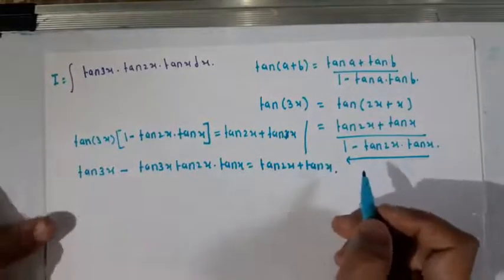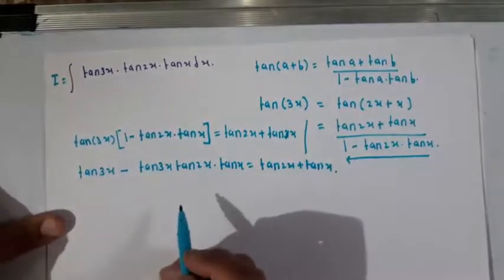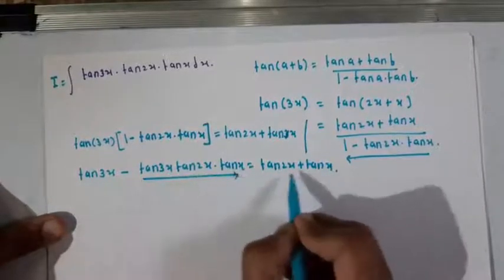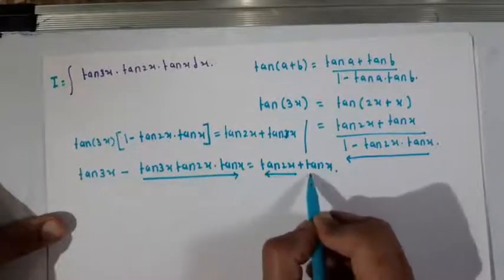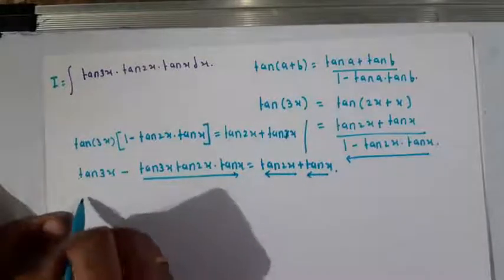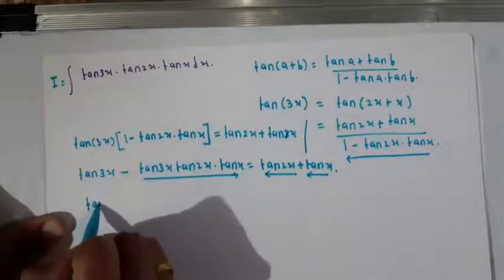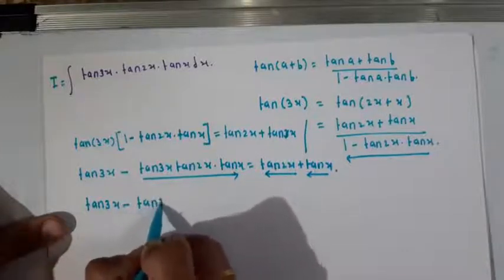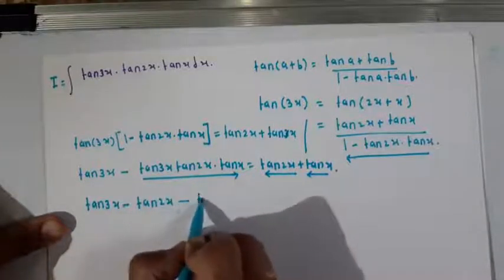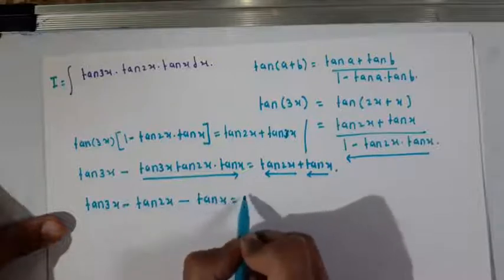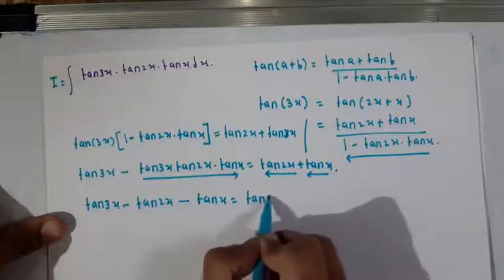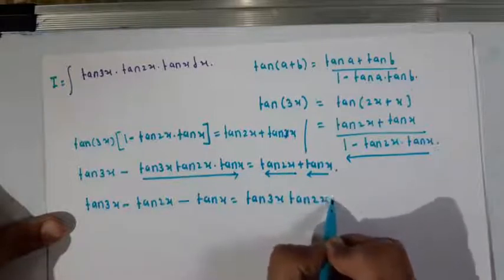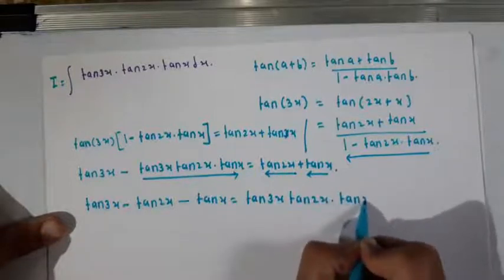Okay students, now first we simplify the problem and then we solve. Now shift the whole term to that side and tan of 2x and tan of x to that side. We will get tan of 3x minus tan of 2x minus tan of x equal to tan of 3x tan of 2x into tan of x.